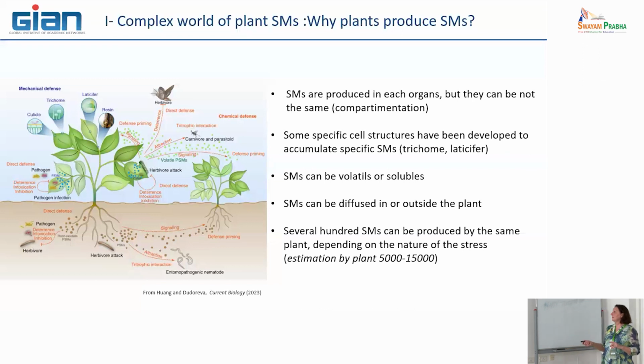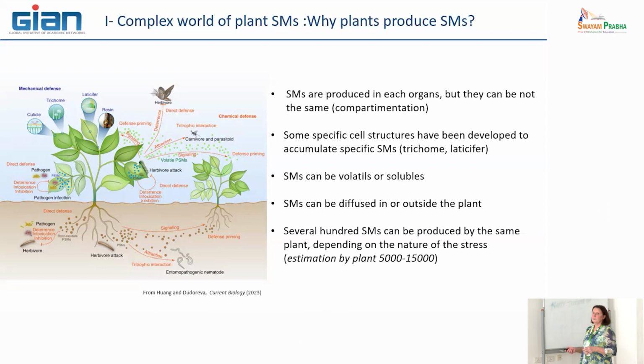And when they are volatile, they can be diffused outside the plant. We have seen an example, but they can also be diffused out of the plant, and they can also diffuse into the plant. It's another type of system of working.